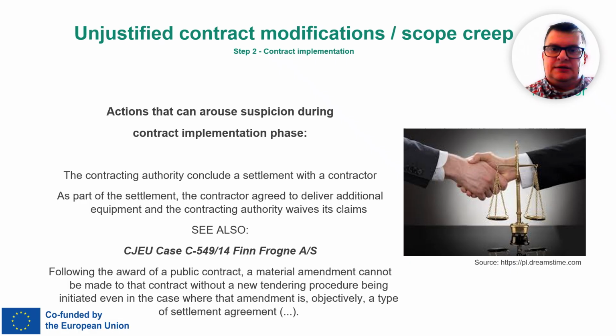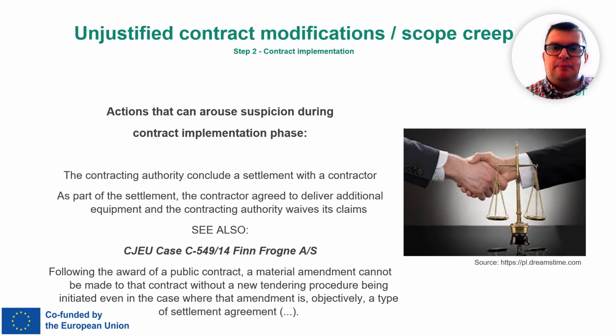As we can add, the Court of Justice of the European Union, in case number C-541, Finfrock, made it clear: once a public contract has been awarded, you cannot make a material amendment to that contract without starting a new tender procedure. And that rule applies even if the change comes in the form of a settlement agreement.